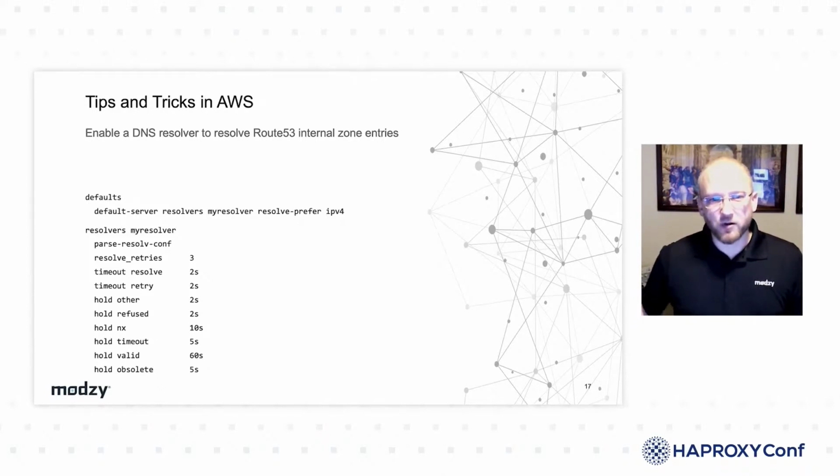This will parse the resolv.conf on the host that HAProxy is running on, which in AWS will be configured to listen to the internal DNS resolver, which can resolve your internal zones, making those available as target backends. So that can be very, very useful.